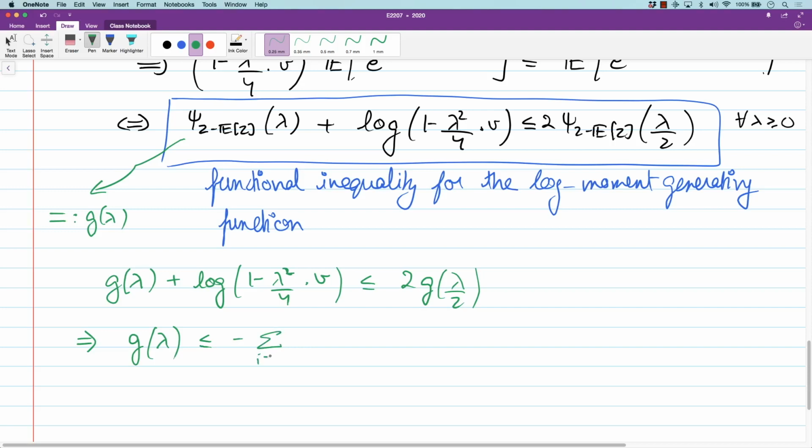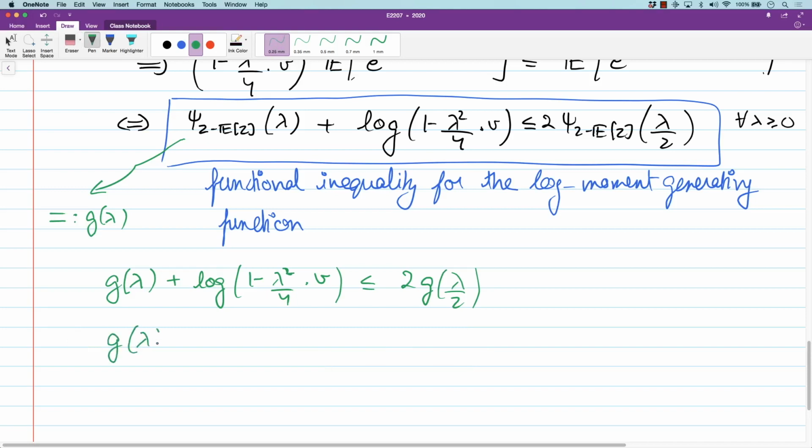minus summation i equal to 1 to k of log of 1 minus lambda square by 4 into 2 to the power 2i times v plus... sorry about this. Let me just think of this multiple each step. Let's do this slowly. So g of lambda is less than or equal to this.